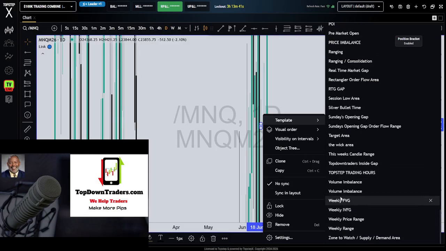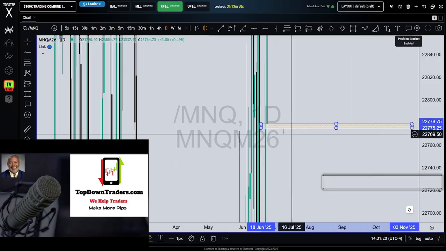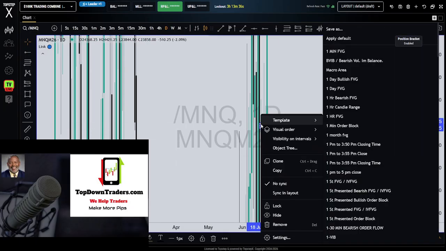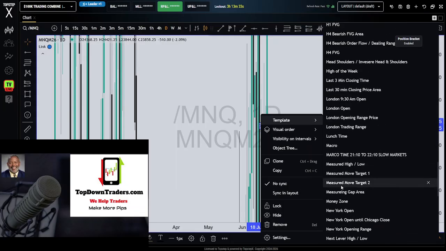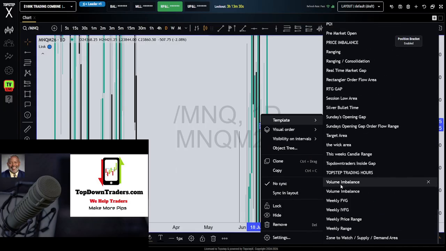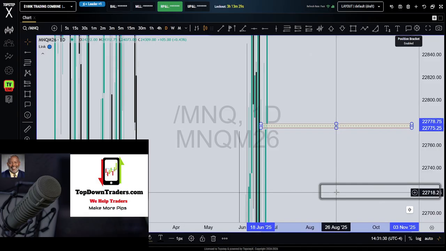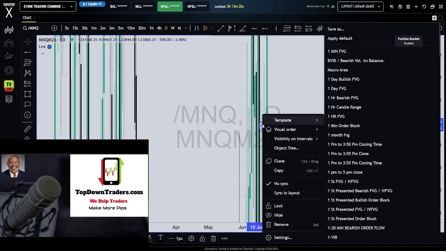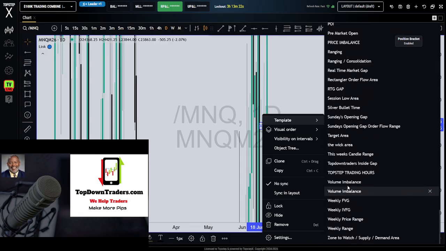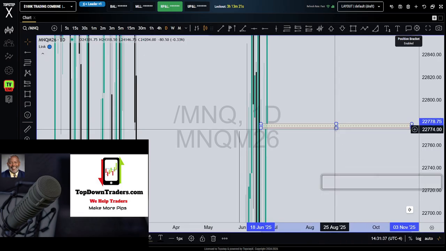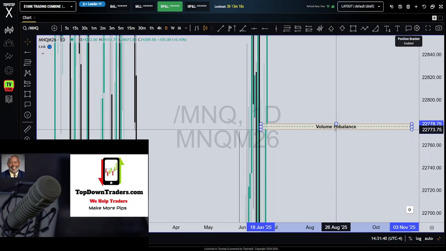Volume imbalance. Let me get rid of that one because that's the wrong one. That template's not done right. So it's number two. Number two. What? It ain't two. It's number one. Number one. Or is it too small? Oh, it's just too small.